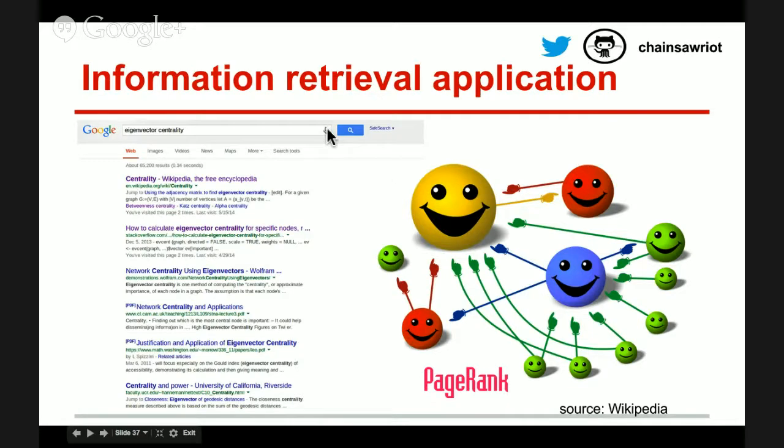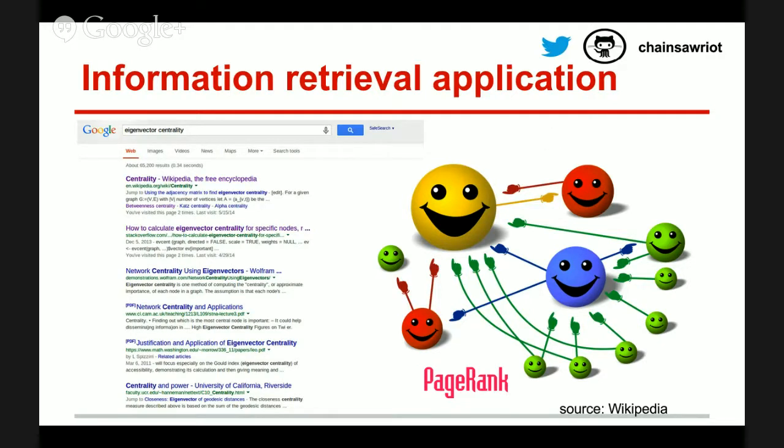As I showed you before, Google is actually using the eigenvector centrality, or you can say the PageRank, in an information retrieval application. Information retrieval is a field in computer science talking about search.